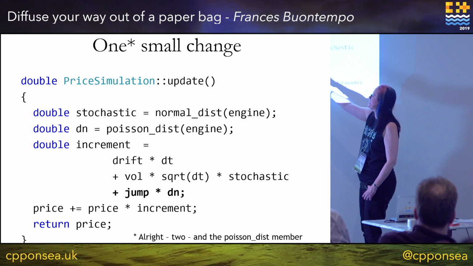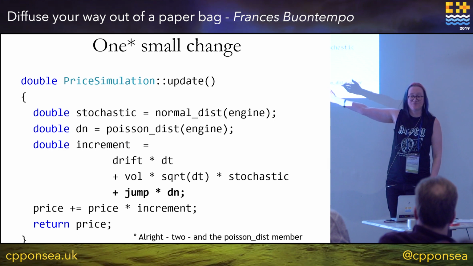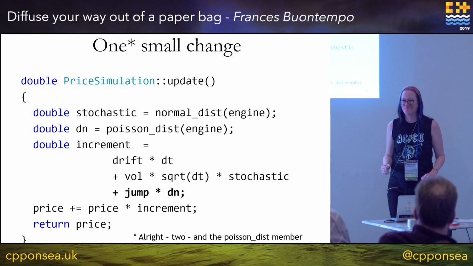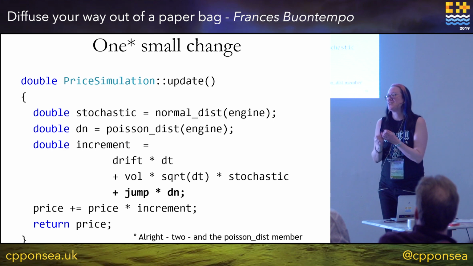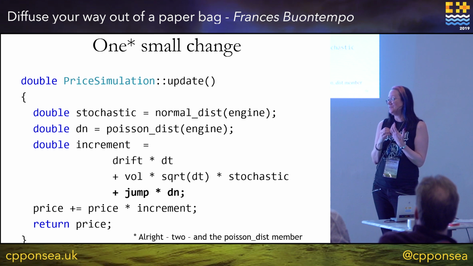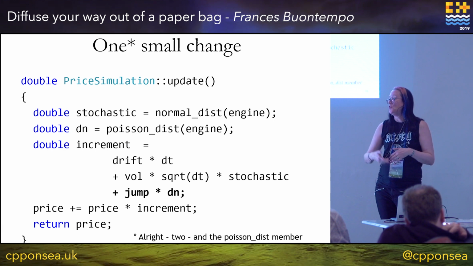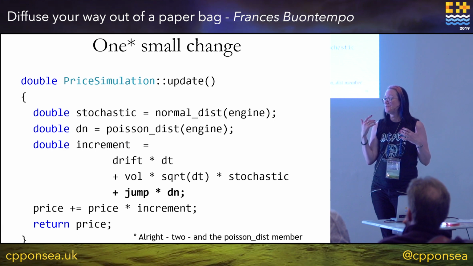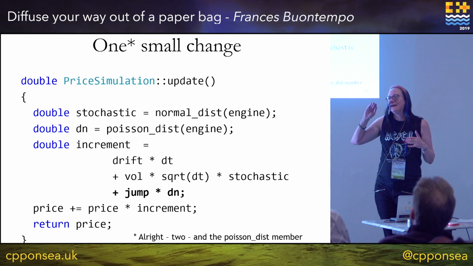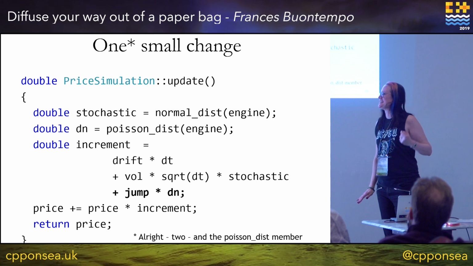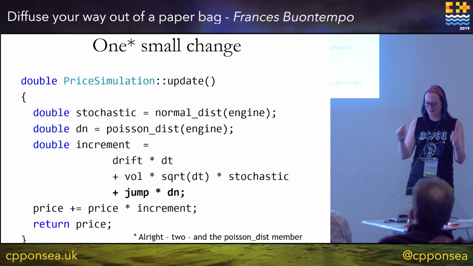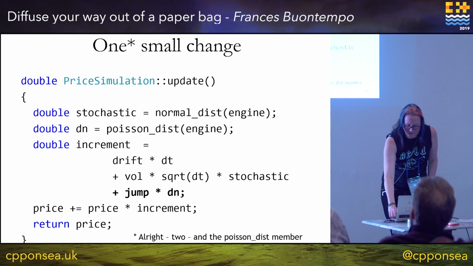We're just going to multiply a jump size, which I've made configurable, so I can force it to jump out of the paper bag, times this number we get back, which in essence is going to be 0, which means we don't jump, or not 0, which means we do jump. Now, I could make it jump down, but we're trying to go out of the paper bag, so I'm only going to let it give me positive numbers back, and it's definitely going to work.